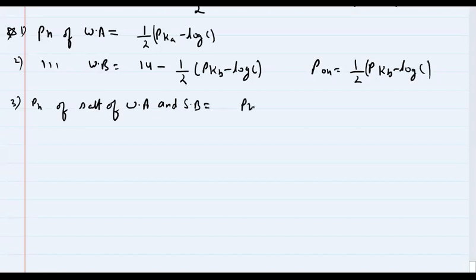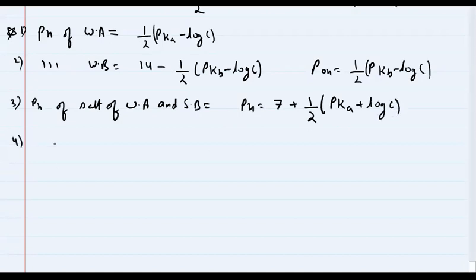What was the formula? pH was 7 plus half pKa, because weak acid pK, remember like this, weak acid pK plus log C.